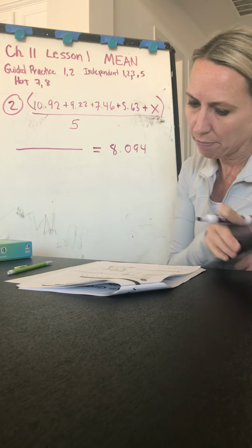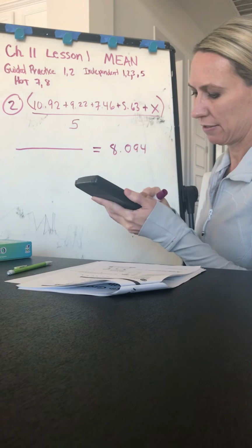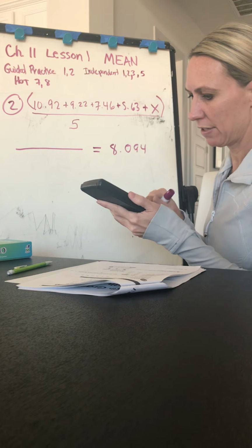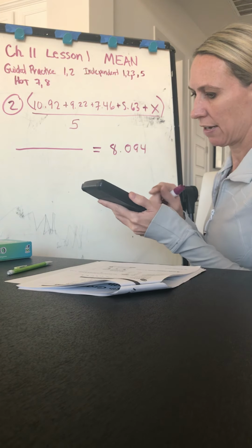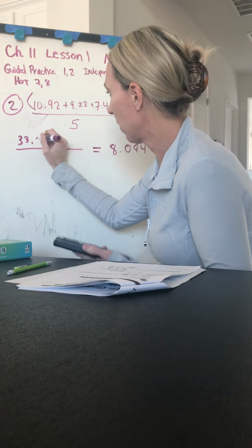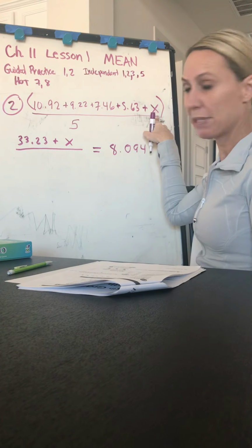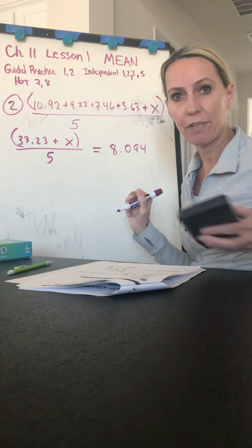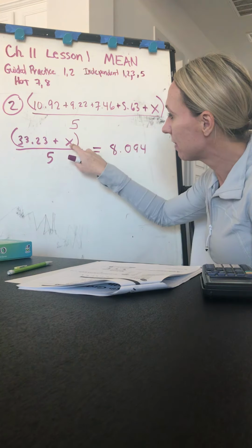So when you add all that, 10.92 plus 9.22 plus 7.46 plus 5.63, I get 33.23. And the only one we couldn't add into that was the Southern one, which is what we're missing. And we're going to divide this by 5, and that's going to give us our average, or our mean, which is 8.094.